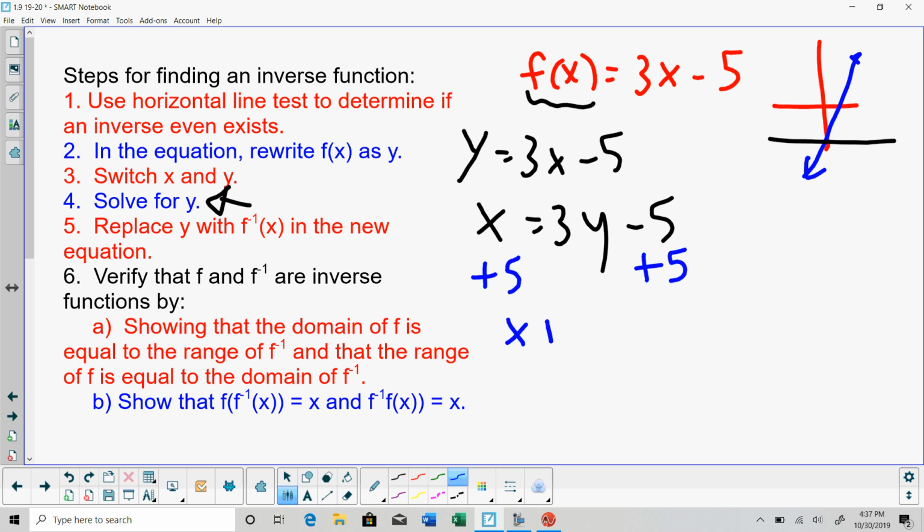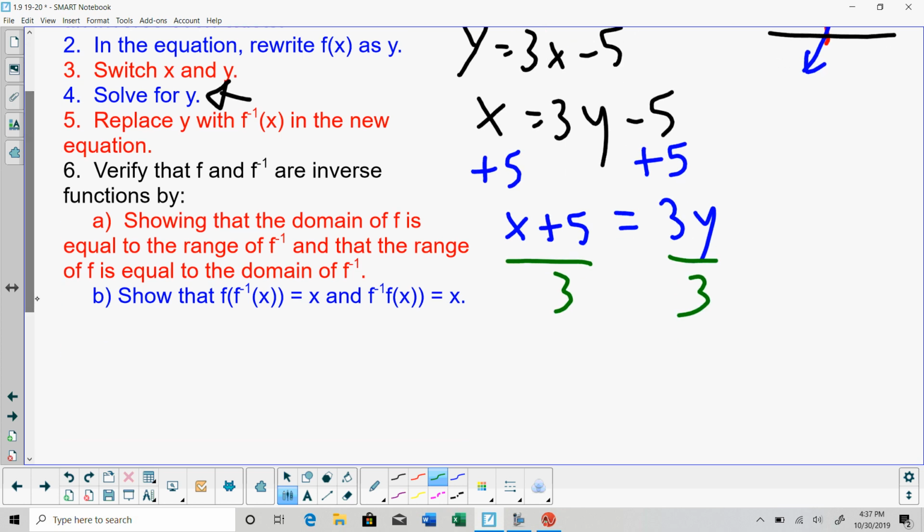So I get x plus 5 equals 3y. By the way, I probably didn't leave you any room for this example, so hopefully you're putting it on a separate sheet of note paper. Then if I divide both sides by 3, I would get y equals (x plus 5) over 3.